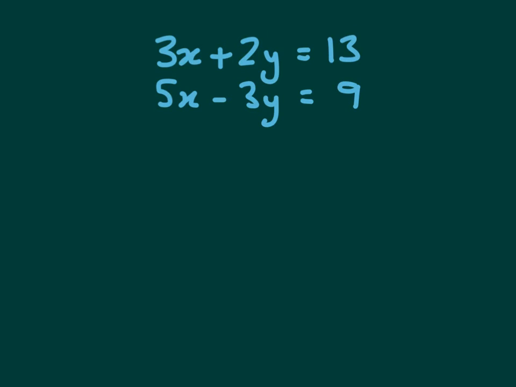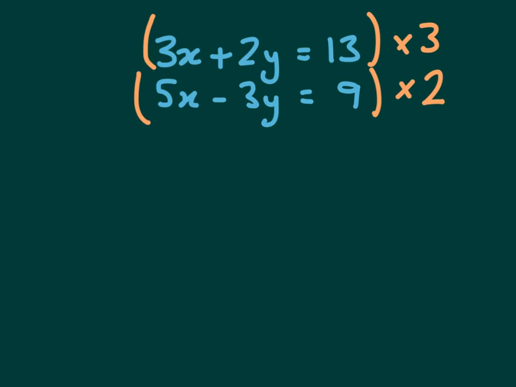So what number does 2 and 3 go into, basically? So if I multiply the top one by 3, that'll change my 2y to a 6. And if I multiply the bottom one by 2, that'll change my 3y to a 6. So this time, to cheat, I'm going to change both equations so that the y's are the same.